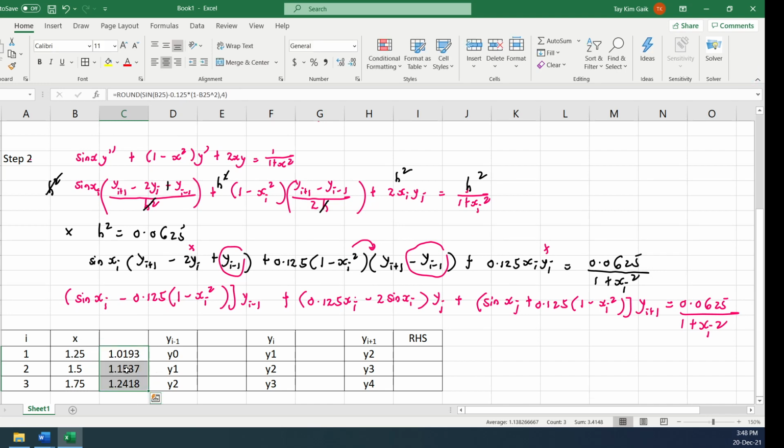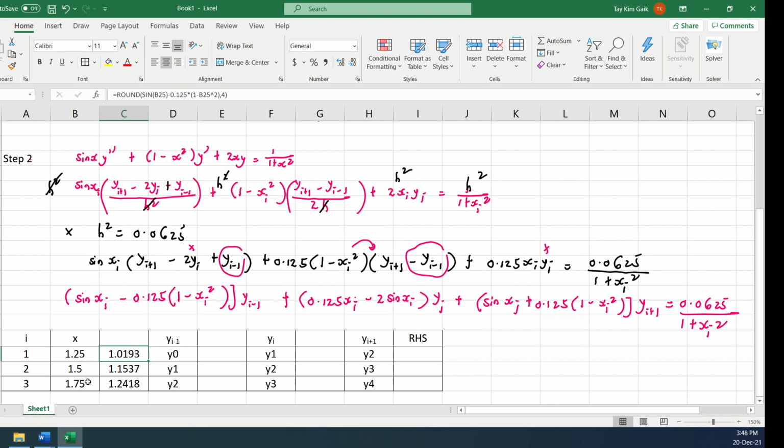So you're done with the coefficient. If you want to copy it, you see the coefficients for y_{i-1} and y_{i+1} are the same, only this is negative and this is positive.